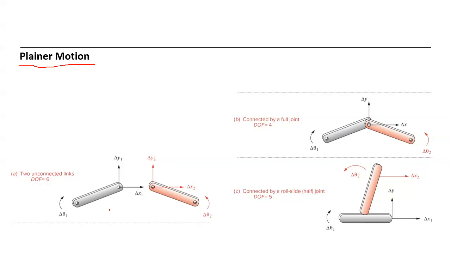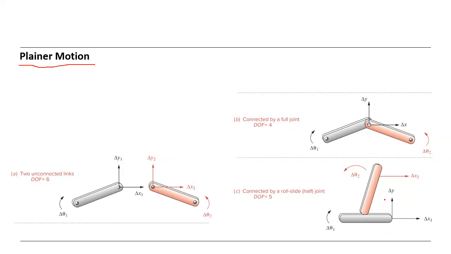So these two members have actually in general 6 degrees of freedom, but if we connect them together, join together as a revolute joint, then the 2 degrees of freedom are reduced. That means there are only 2 rotations and 2 translations possible.